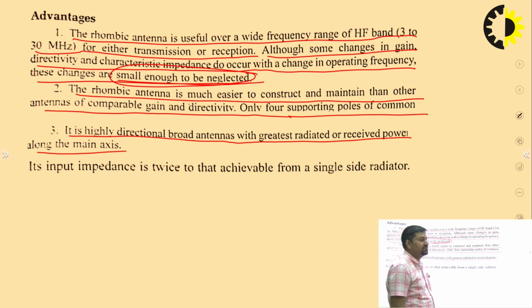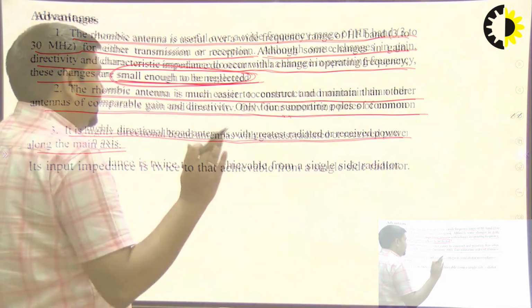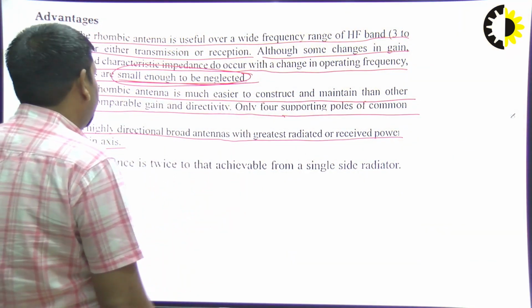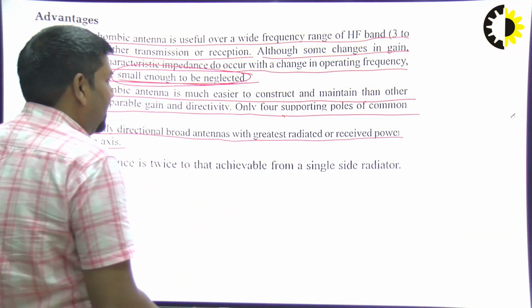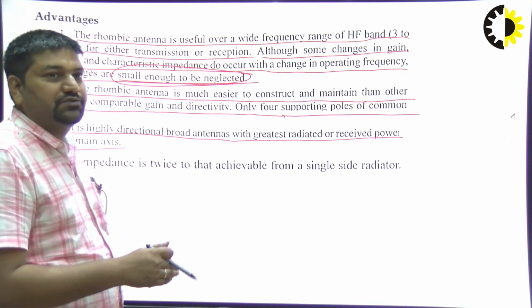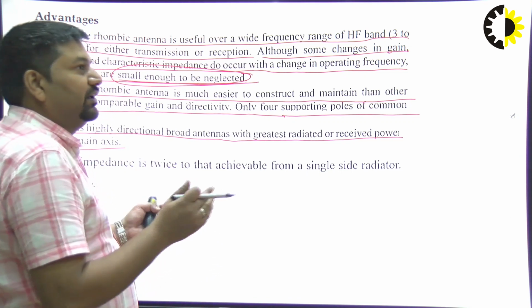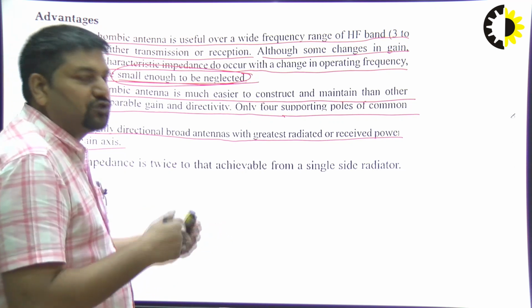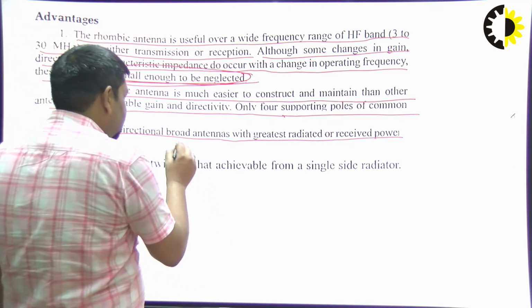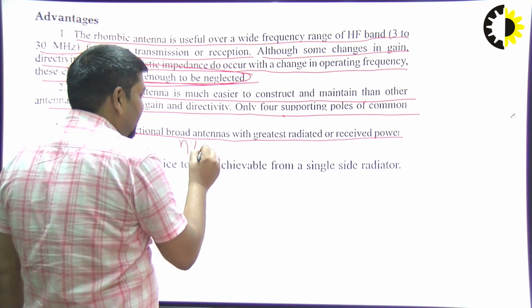What is the significance of this? In the wide band of 3 to 30 megahertz, very high power is transferred over the operating frequency band, and very little power is lost as heat. So the efficiency of this type of antenna is high.